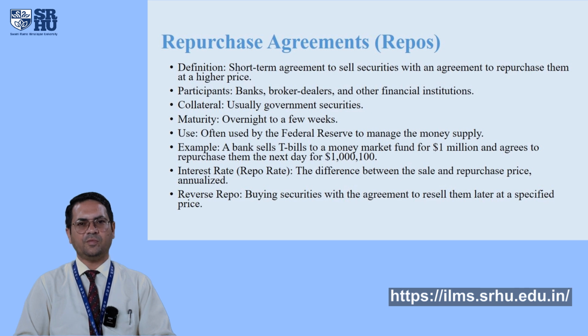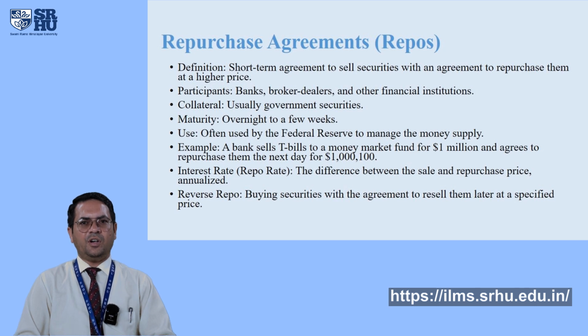So, repos often involve government securities as collateral, and they play a crucial role in central bank operations. For example, the Federal Reserve uses repos to control the money supply in the economy. It is also a method by which governments can control the supply of money in the economy.